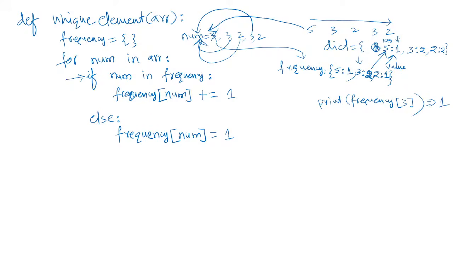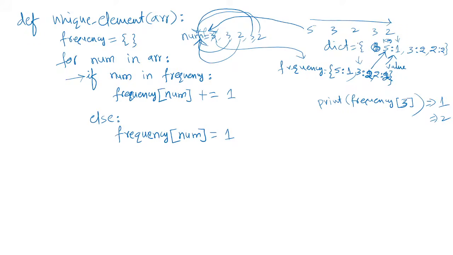If I say frequency of 3, then 2 it prints. So you are accessing the key and it returns the value associated with that key. Next 2 comes to num, it checks if num is in frequency, yes, 2 is already there, so its frequency value will be incremented.